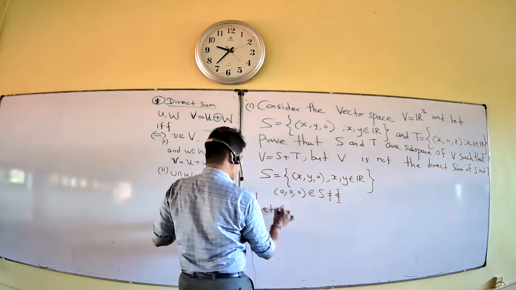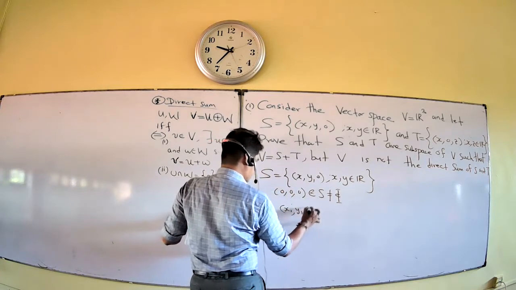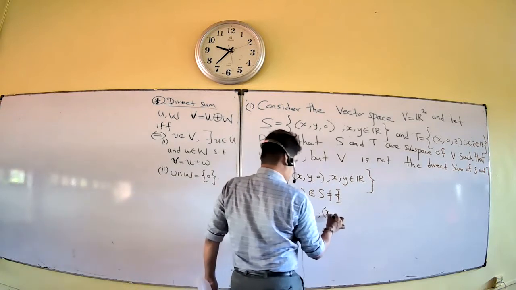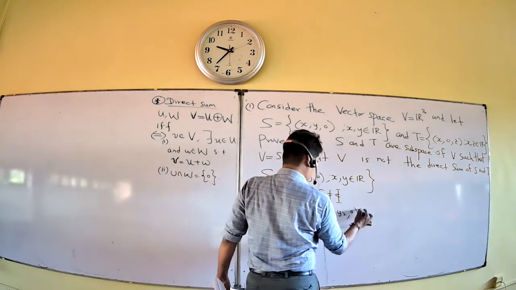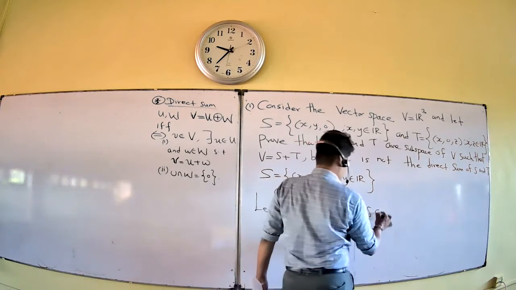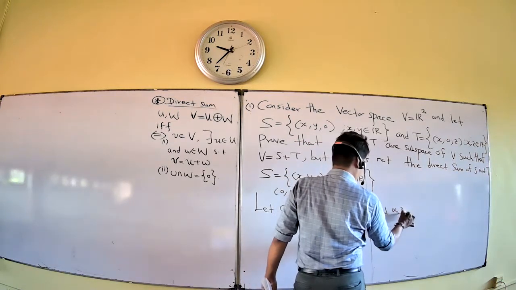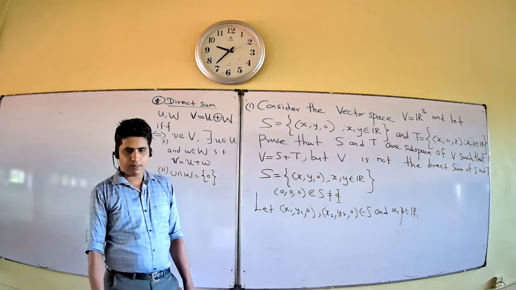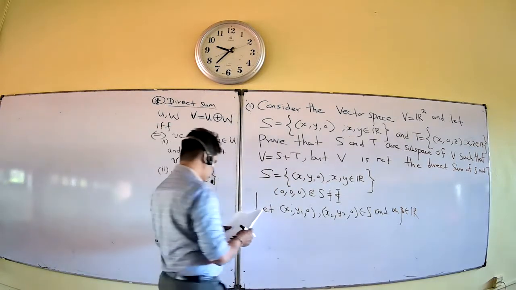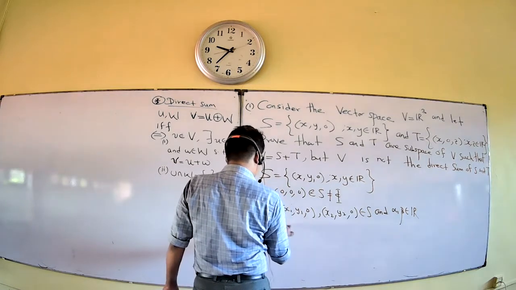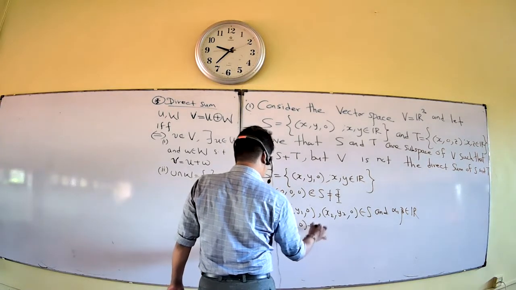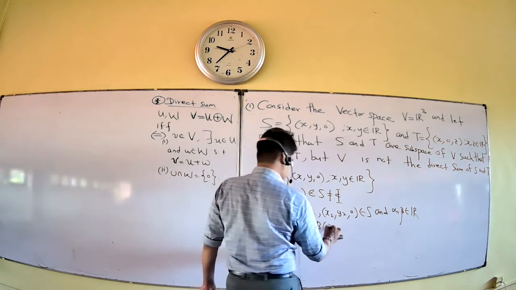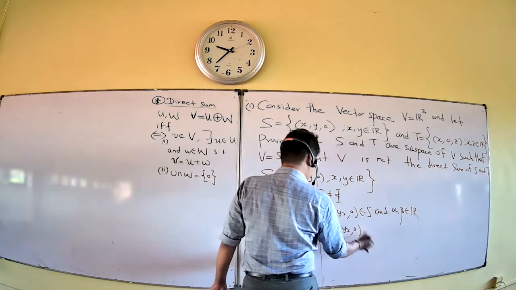Let you take two vectors (x1, y1, 0) and (x2, y2, 0) belonging to S, and alpha, beta belonging to real. So alpha times (x1, y1, 0) plus beta times (x2, y2, 0).